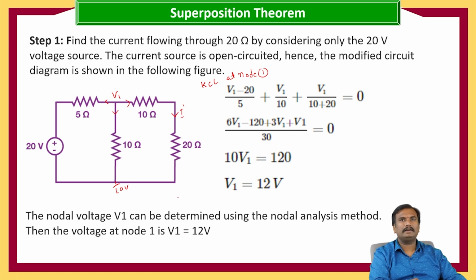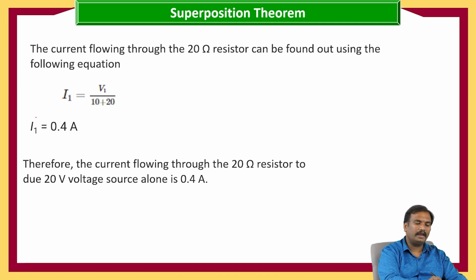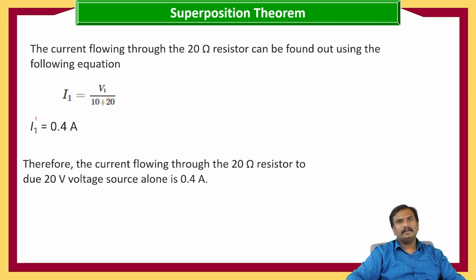Now we need to calculate I dash. For calculating I dash, V1 by (10 plus 20) is nothing but I dash, or I1. Therefore, the current flowing through the 20 ohm resistor due to the 20 volt source alone is 0.4 amperes.